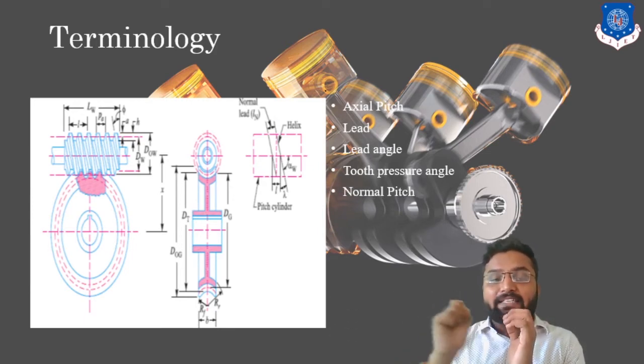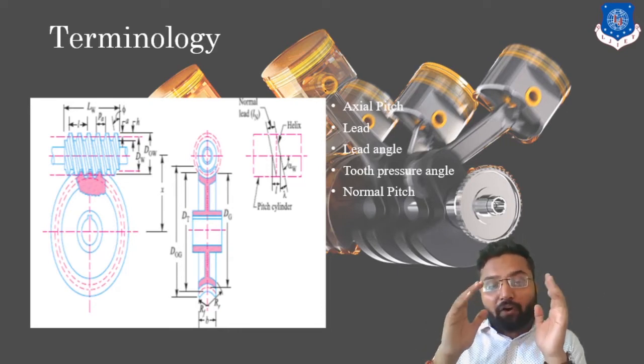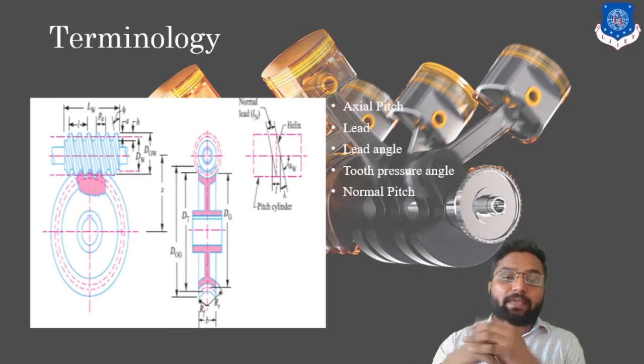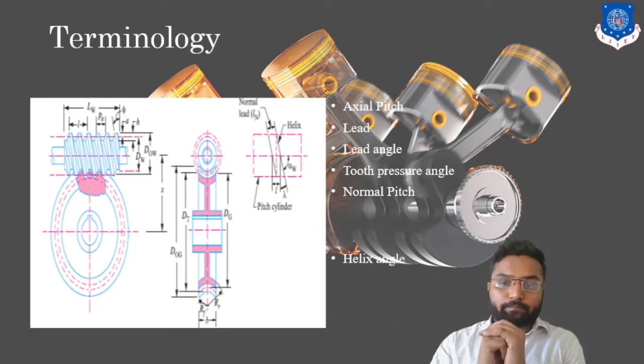Normal pitch is the perpendicular pitch. Clear? The previous one, axial pitch, is the pitch in the direction of our axis, whereas normal pitch will be determined by considering the angle of our worm.